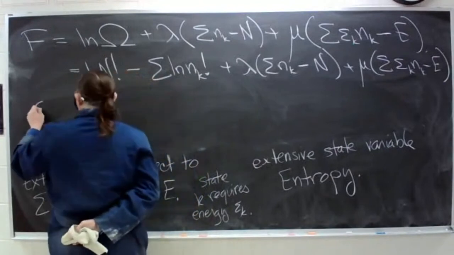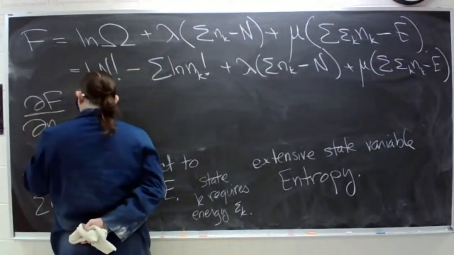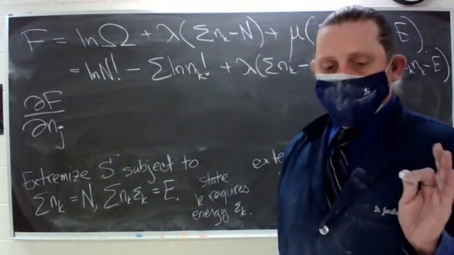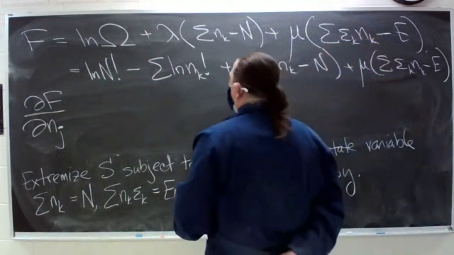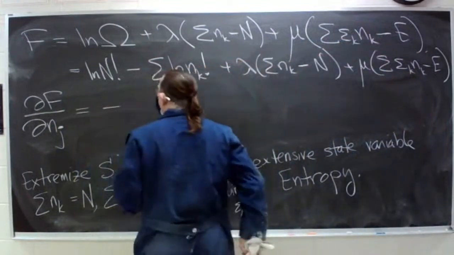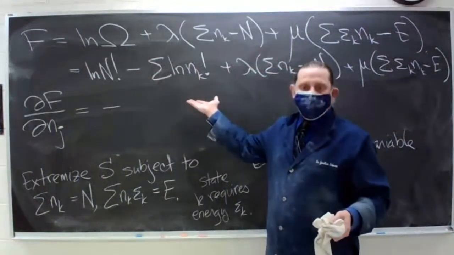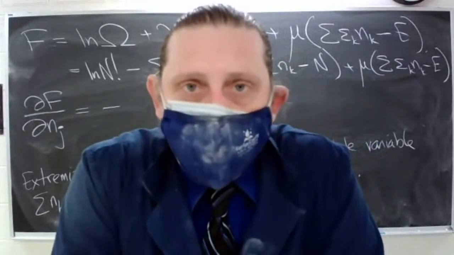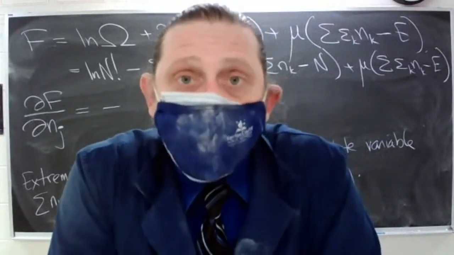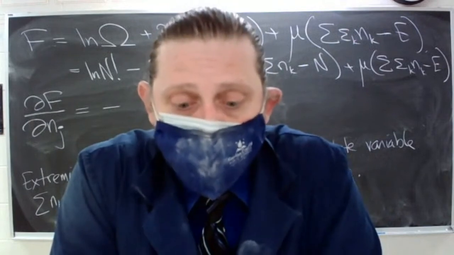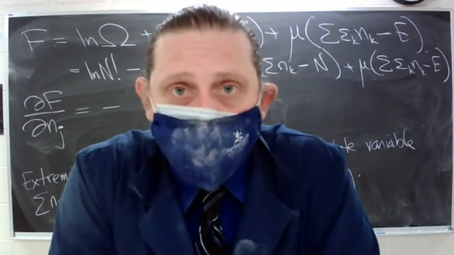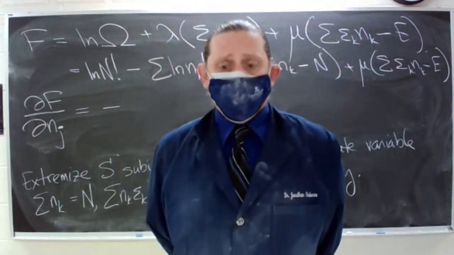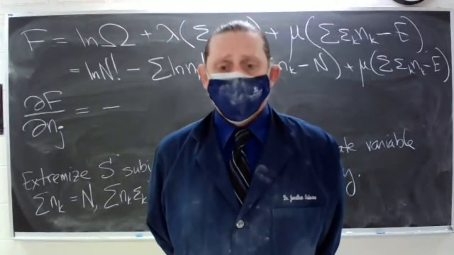So when I do dF by dnj, all the n's are independent of one another. That's the beauty of introducing the Lagrange multiplier associated with the constraint, the sum of the n's equals capital N. That constraint is going to impose that. That means I can think of them as completely independent of one another, because the constraint is going to be imposed at the end.